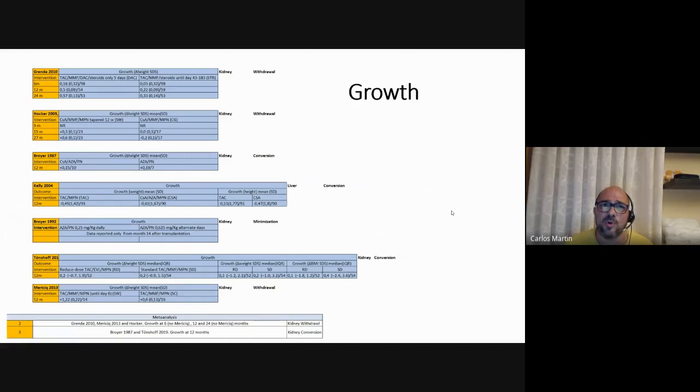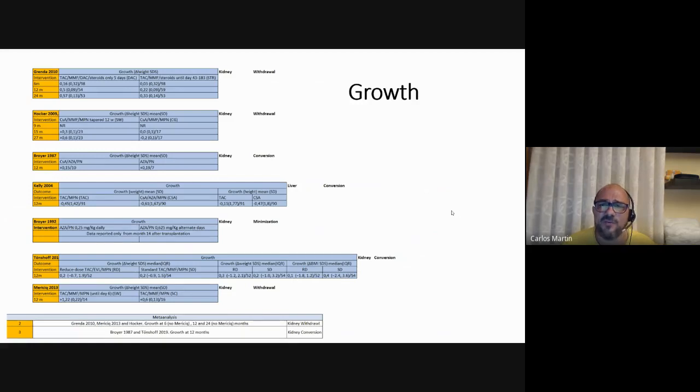All the studies report at least height, which is fine. Some of them also report weight. As you can see, Kelly, for example, or Tonshoff, which is reporting the three areas, height, weight, and BMI, is reported in the same way. So hopefully this is going to be a very good meta-analysis, and it's going to be very interesting.